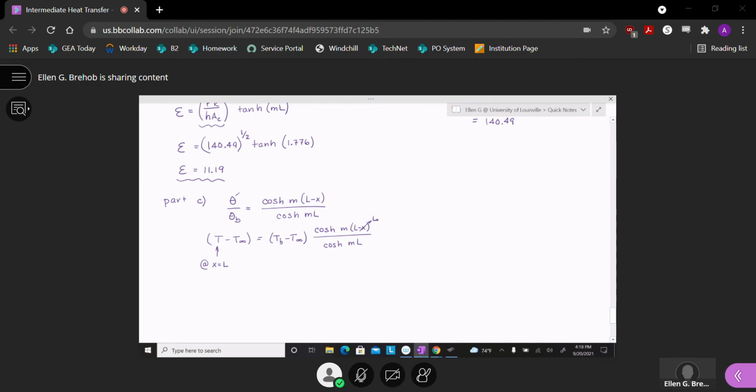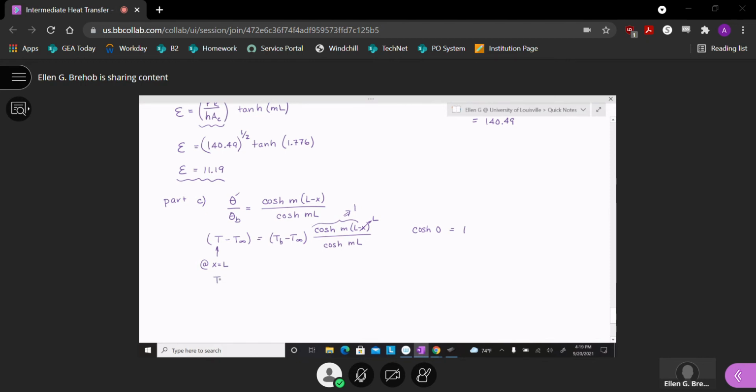So we get a hyperbolic cosine of 0. I wouldn't know what that is off the top of my head. I usually ask, and somebody in the class remembers that hyperbolic cosine of 0 is equal to 1. So this whole thing is equal to 1.